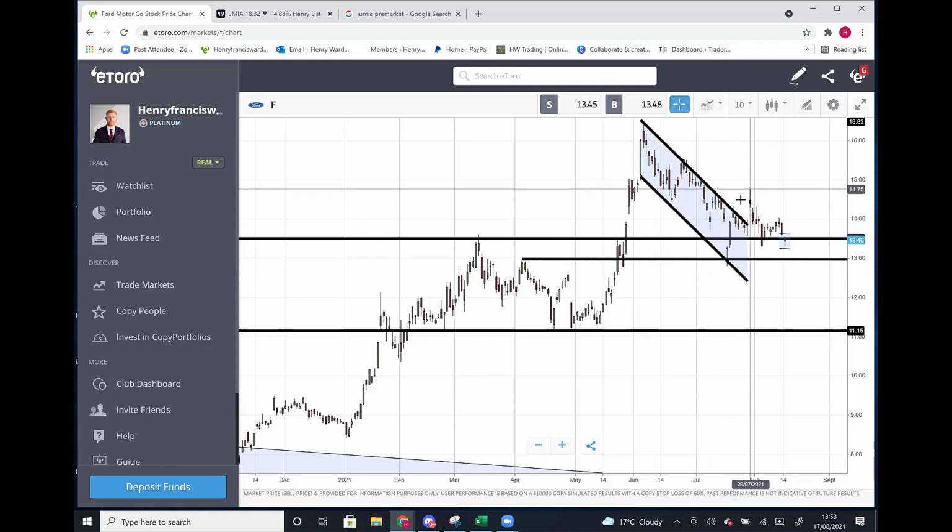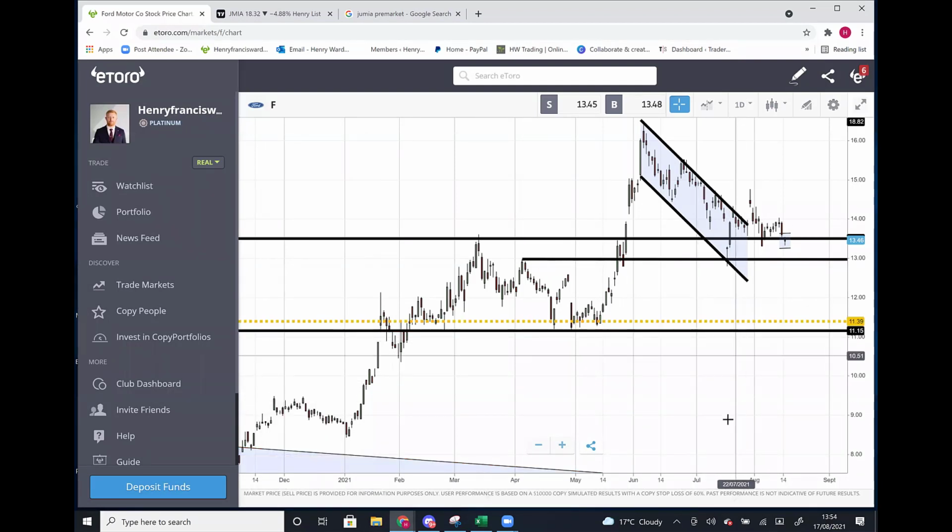Yes, this is higher than this one, but it's lower than all these again, and it's come straight back down to this level. Looking at this structure, it looks to me like there's more downside here than upside. So for me, the next entry point on this is somewhere around here.